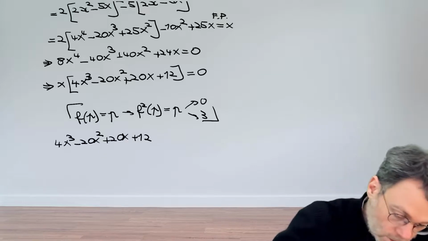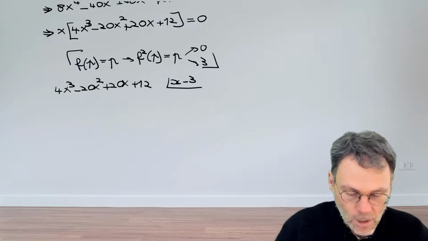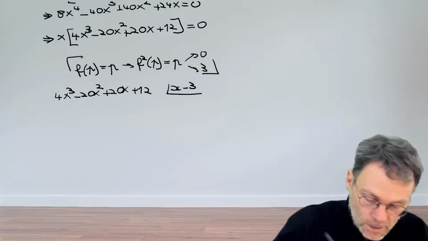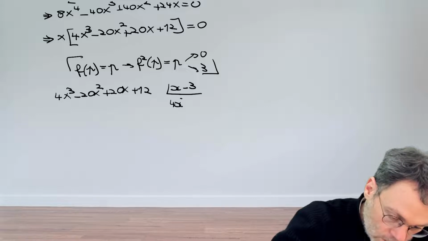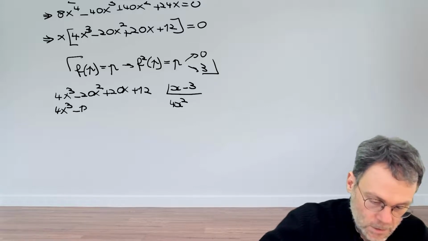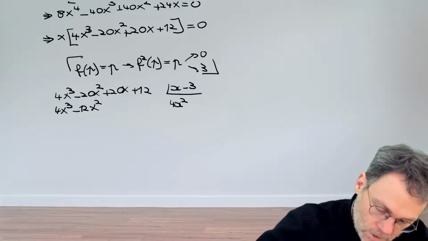Let's divide that by x minus 3. 4x cubed divided by x gives us 4x squared. So we have 4x cubed minus 12x squared.